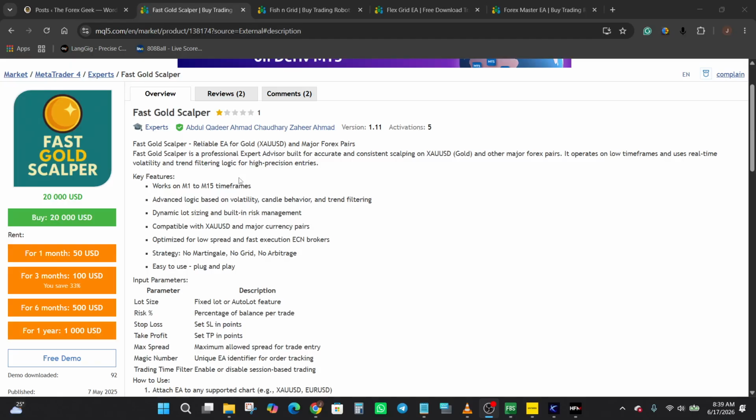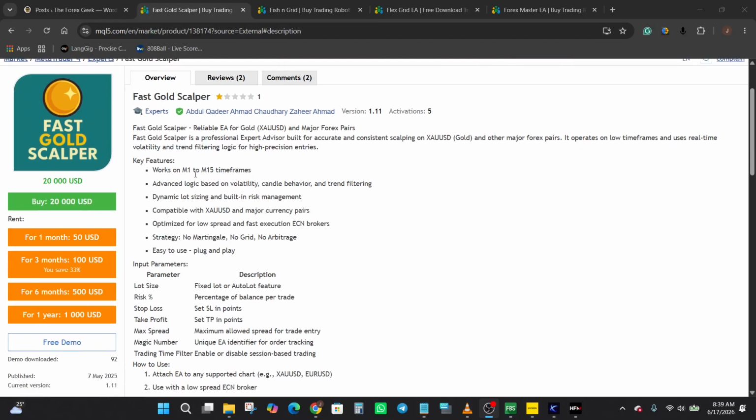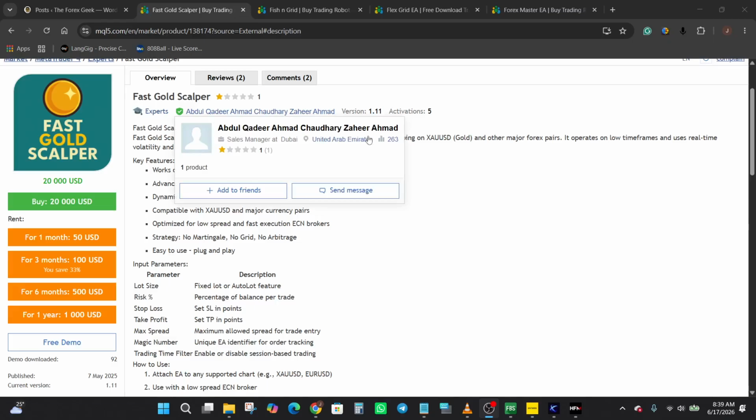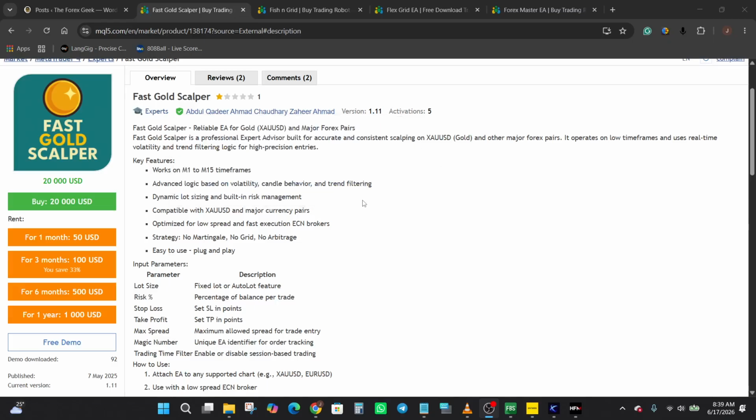Starting here on the MQL5 Marketplace page, we can see that Fast Gold Scalper is developed by Abdul Kader Ahmad Chowdhury Zahir Ahmad. At the time of this review, the EA is priced at 20,000 US dollars with rental options available for 1 month going for 50 US dollars, 3 months for 100 US dollars, 6 months for 500 US dollars, and a year for 1,000 US dollars.